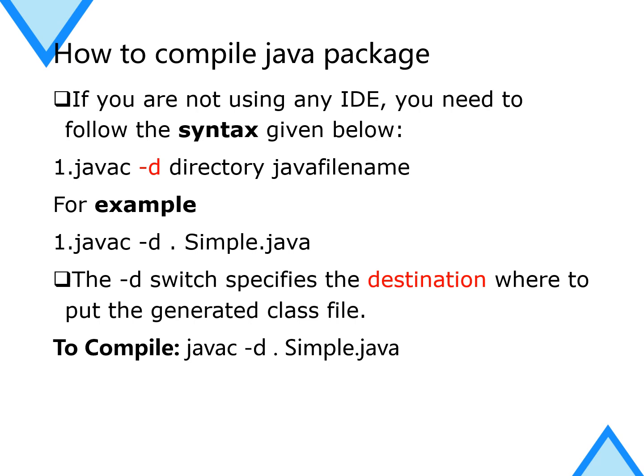To compile, javac -d . Simple.java, this way you compile the Simple.java program, and to run you write java mypack.Simple. Here one thing is different: you write the package name to run the program and the class name to compile, and this switch is used to specify the path. But usually we do not use DOS, we use some IDE.